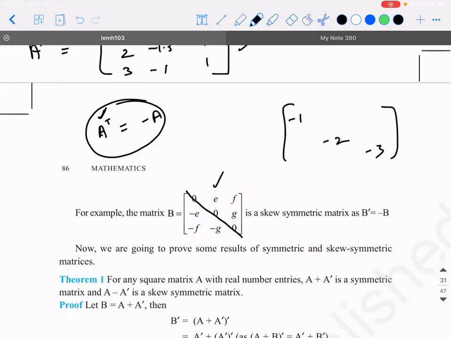So in order to ensure that a skew symmetric matrix exists for a given matrix, it is mandatory that these diagonal elements are supposed to be, please fill in the blank.